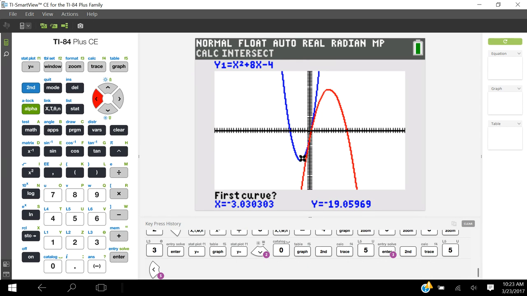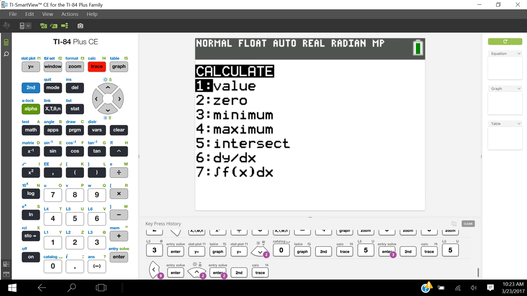Let's see which line it's on. Okay, blue line, black line. Yeah, I don't want that one. All right, trust me, they have the same y-intercept. Now it's going to bug me though.